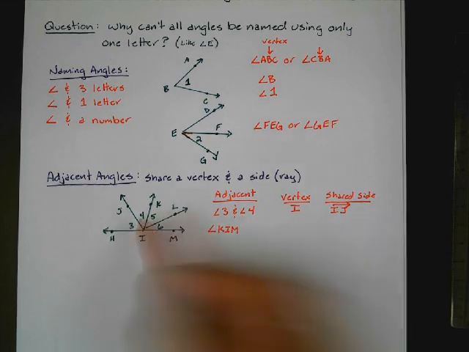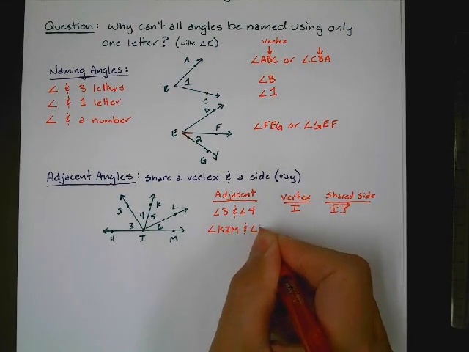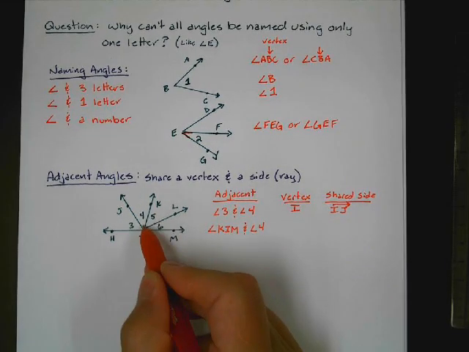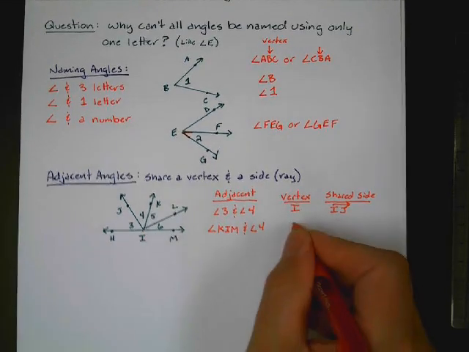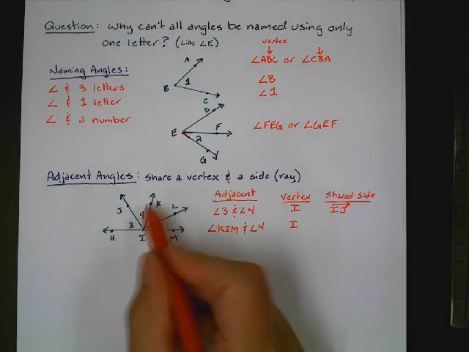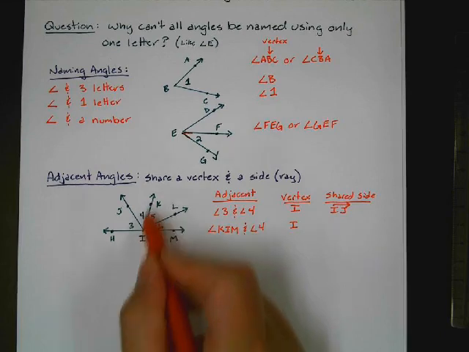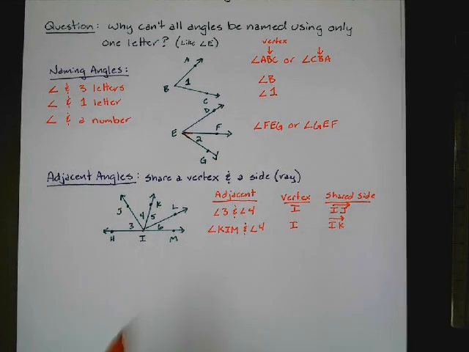So angle 4 would work. Now, KIM and angle 4 are adjacent because I is the shared vertex, and then KIM and angle 4 have this ray in common, IK. So there's our shared side.